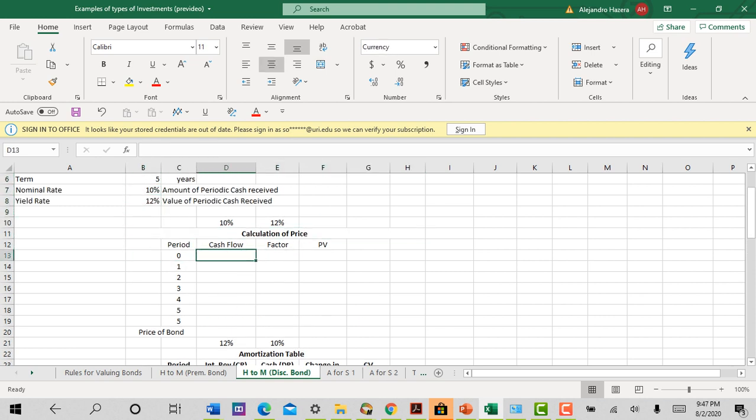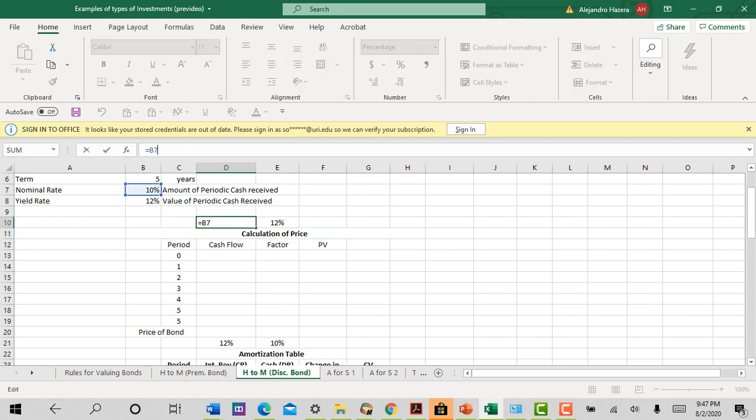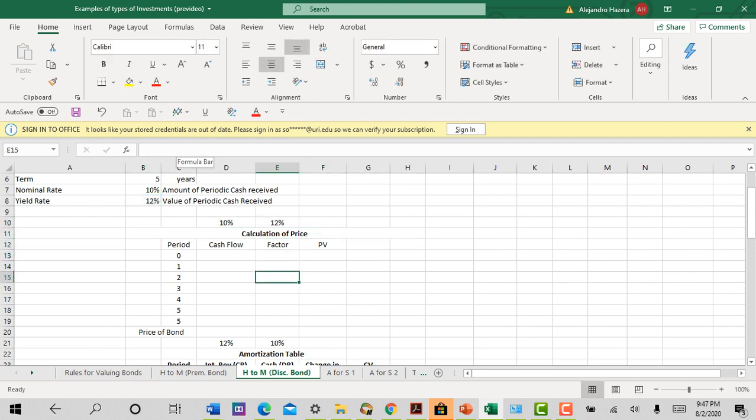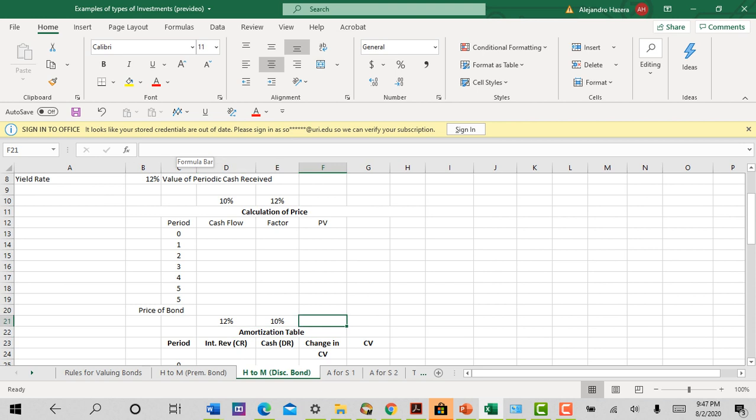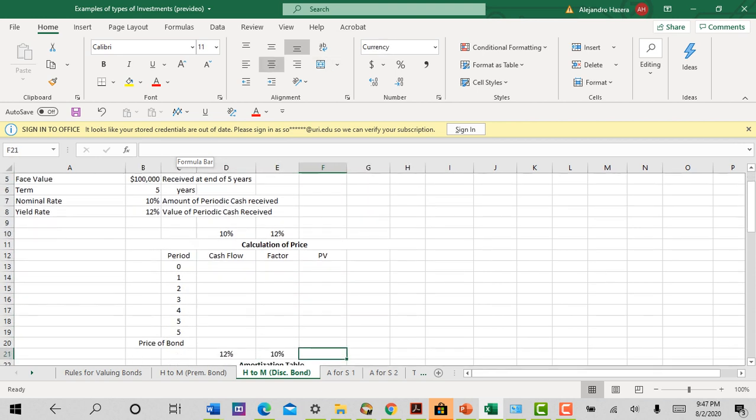We know that the nominal rate will be used to determine the cash flows. The yield rate will be used to compute the discount factor. The price of the bond will be added up right there and will become the initial carrying value for the bond. So let's get started.